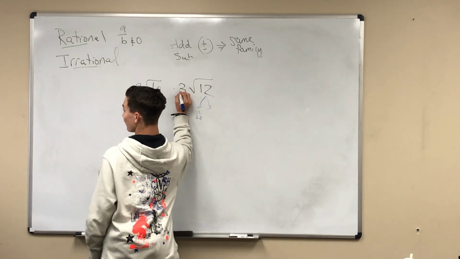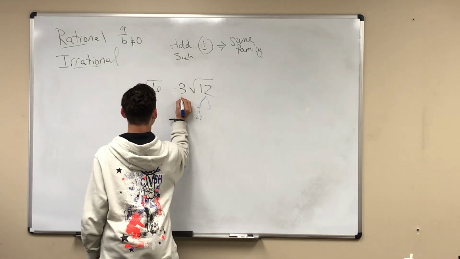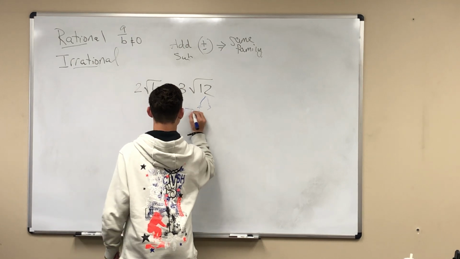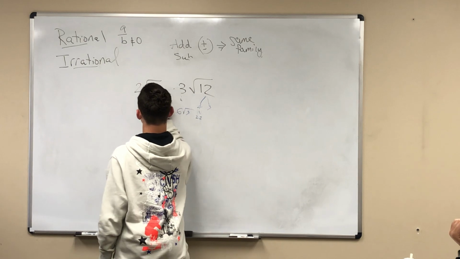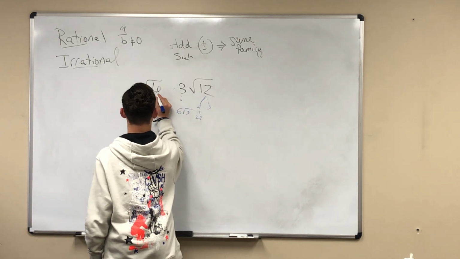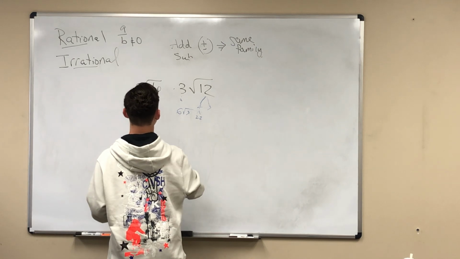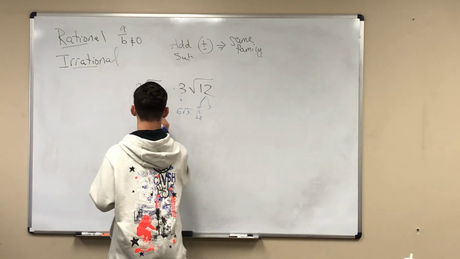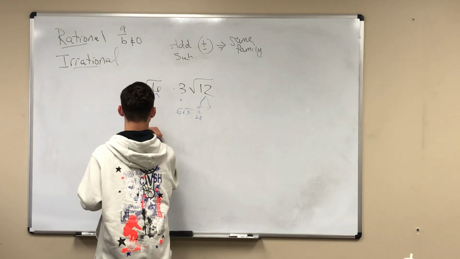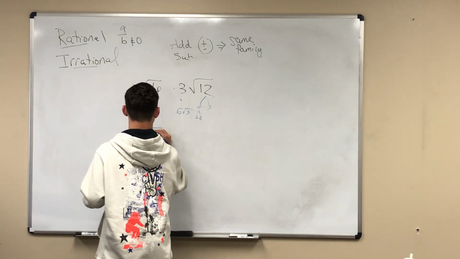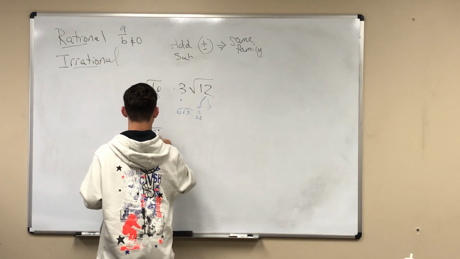And you times that by 2. 6. 3. But then you can't do anything with that one. Wait, it's multiplying. It doesn't matter. So then this times that is 12. And then 36. I don't know. I have no idea what I'm doing.